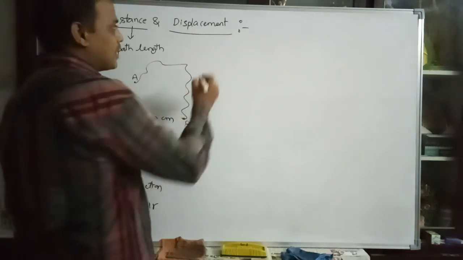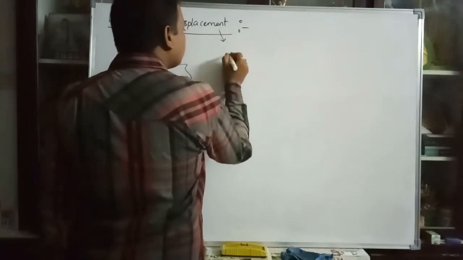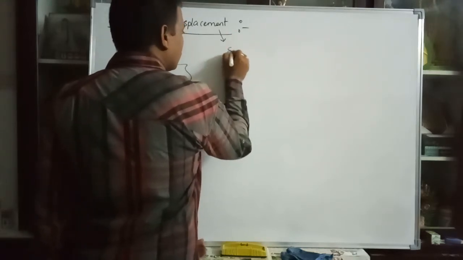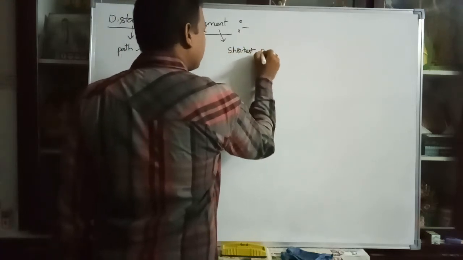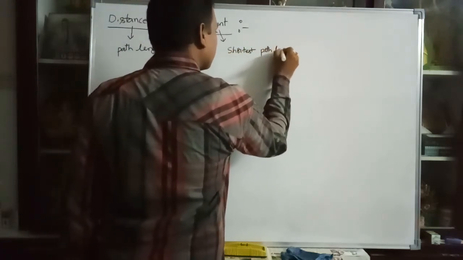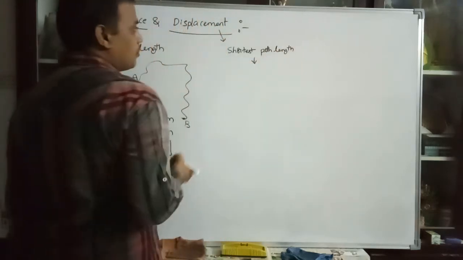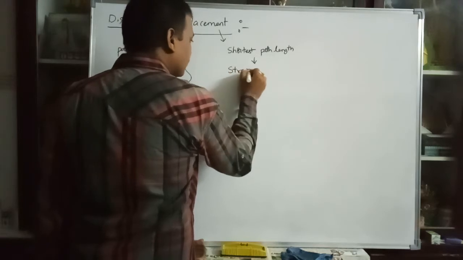Next one, displacement. Displacement is nothing but the shortest path length. The shortest path length means the body must move in a straight line.